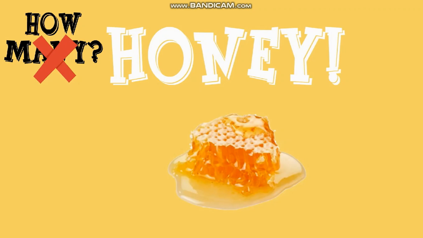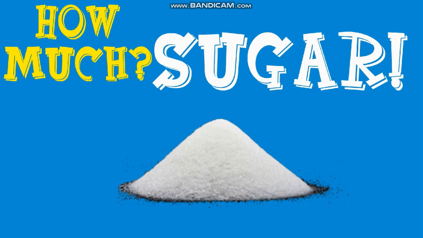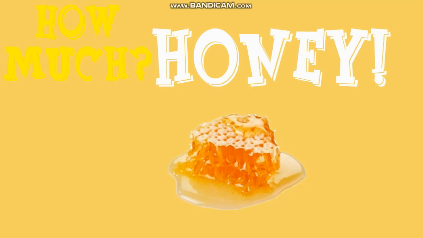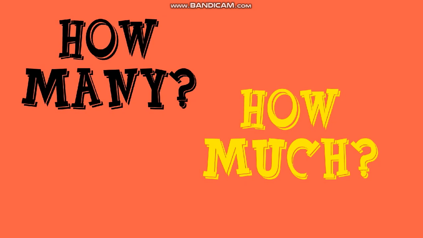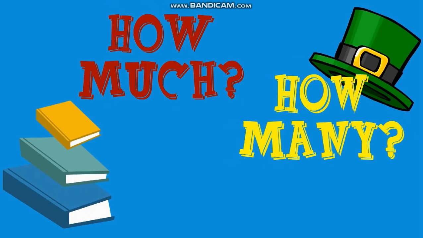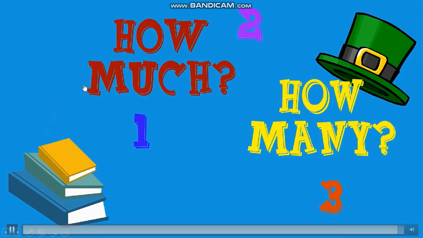Honey, I hear you saying, no, I can't. So you make the question with how much. How much love do you feel? How much sugar do you put? How much honey do you eat? How much money do you spend? Are the questions that depend. That's the way this lesson ends.